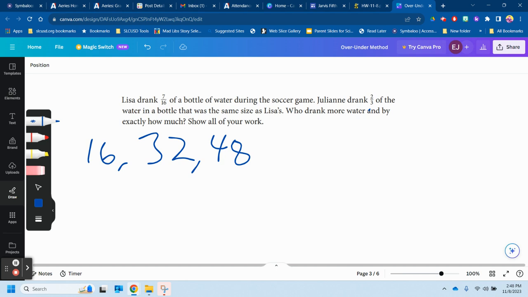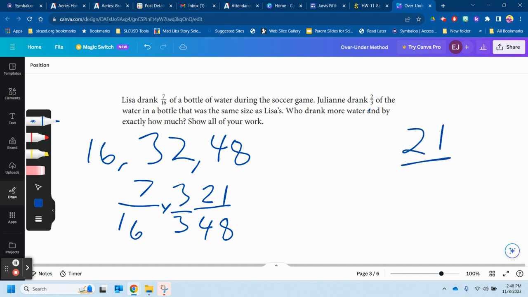So I'm going to write 7/16 as something over 48. I multiplied it by 3/3, so 21/48. I know that's the smaller amount, so I'm going to write it on the right here.